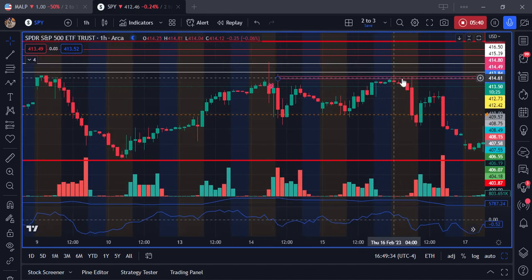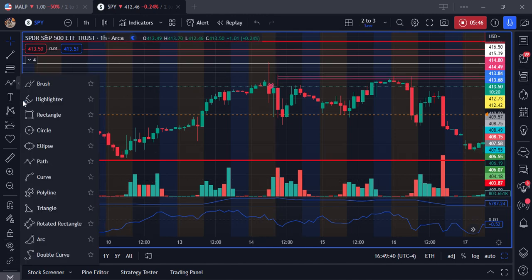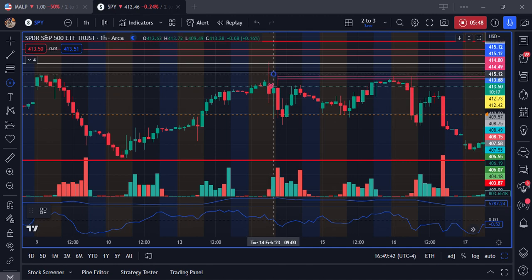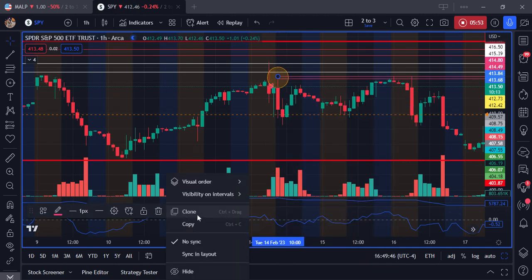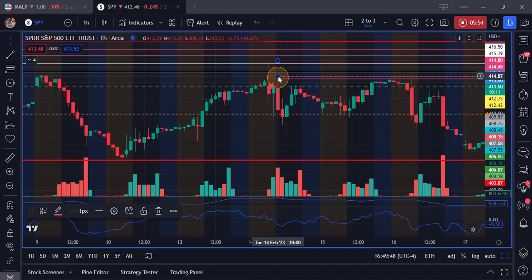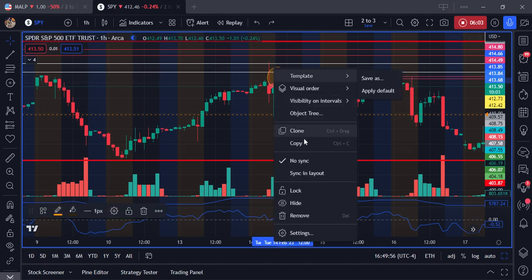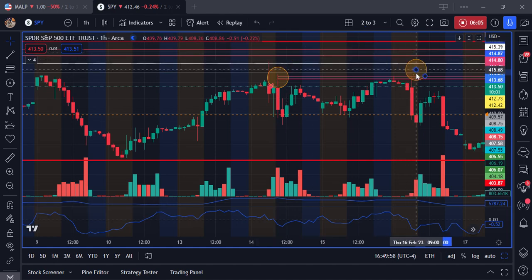You can see this here, and you can also go look at the confluence of this counter here. Let me highlight them. Let me put some circles on them real quick so you guys can see what I'm looking at. You got this area here, and you got, hold on, let me clone it. You got that area.